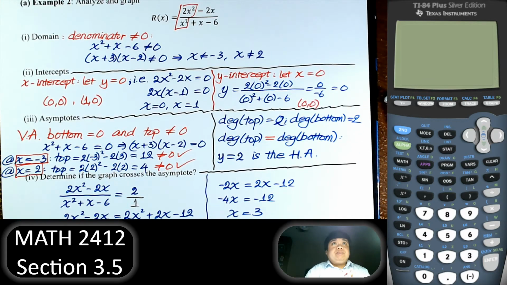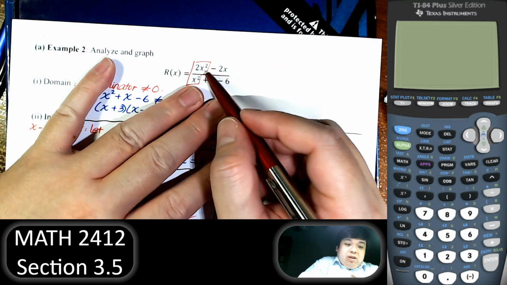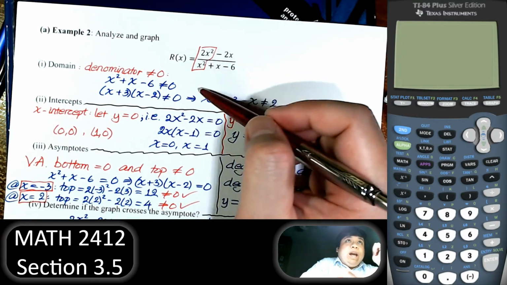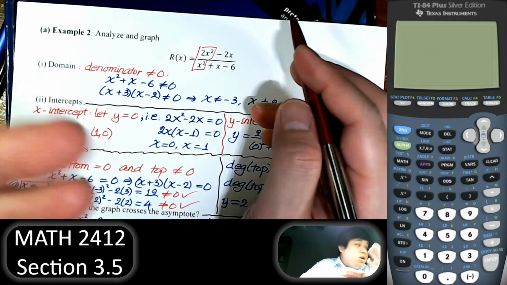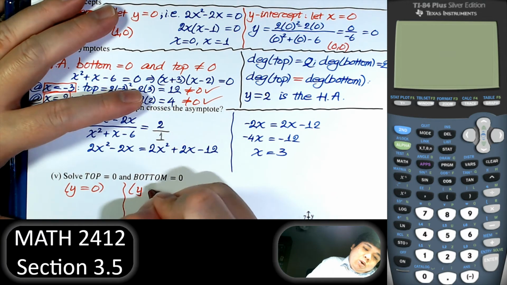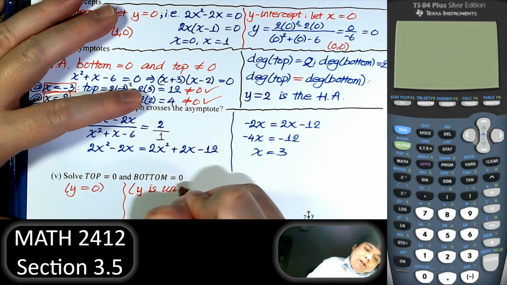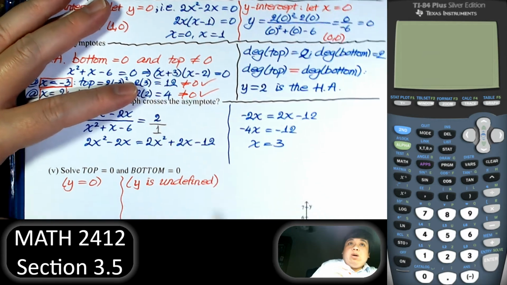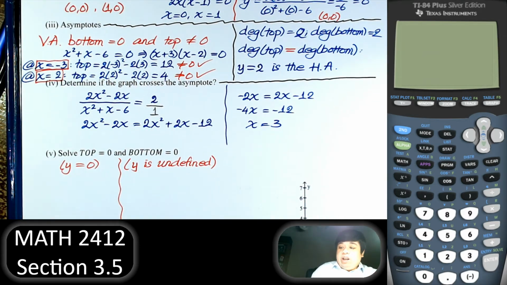By the way, if we have a rational function, we can reduce the function first before we do this. Because if both the top and bottom equal 0 at some point, those will give us a hole in the graph.